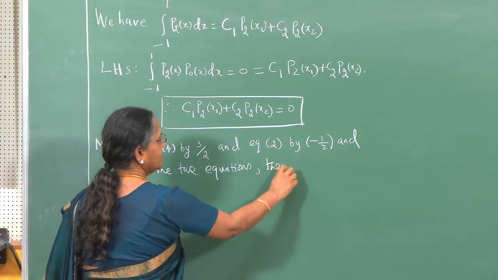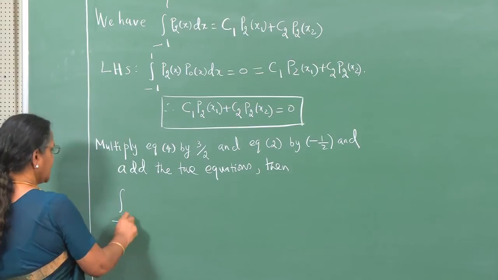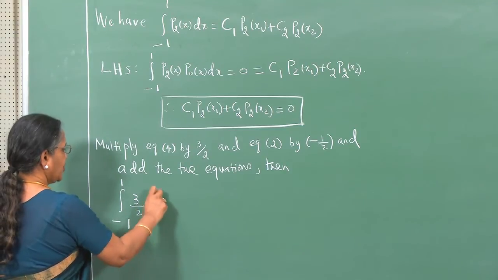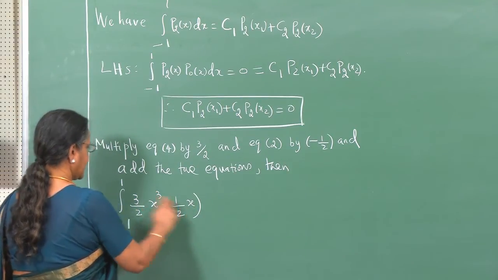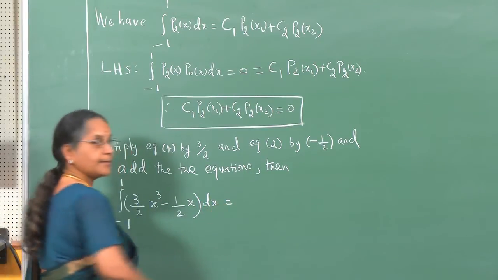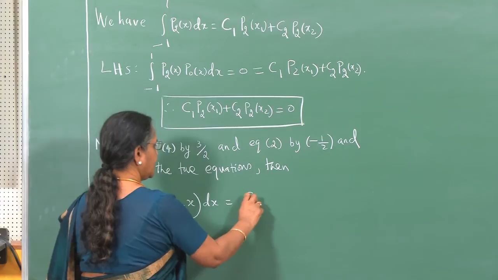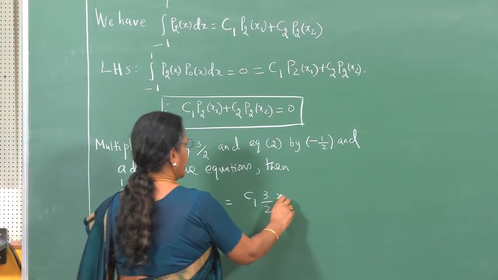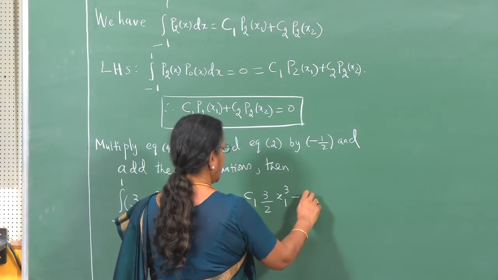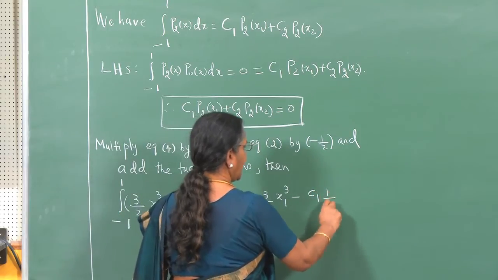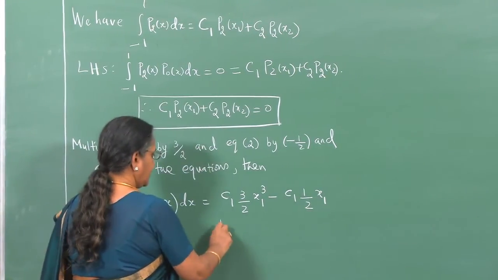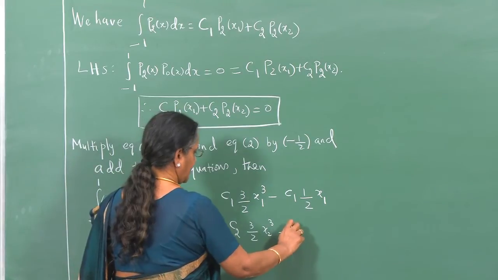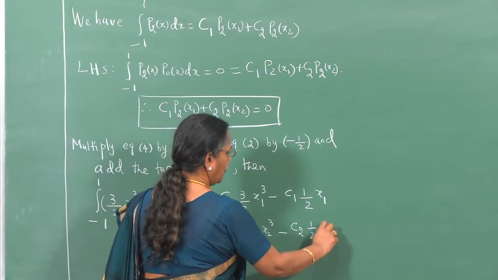Then we get integral minus 1 to 1 of 3 by 2 x cubed minus half x into dx is C1 into 3 by 2 into x1 cubed minus C1 into half x1 plus C2 into 3 by 2 x2 cubed minus C2 into half x2.